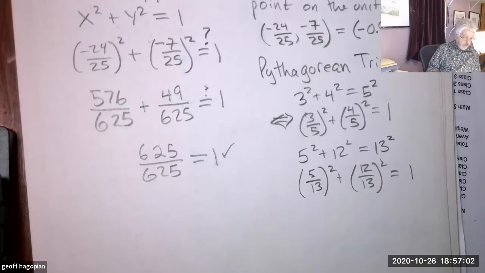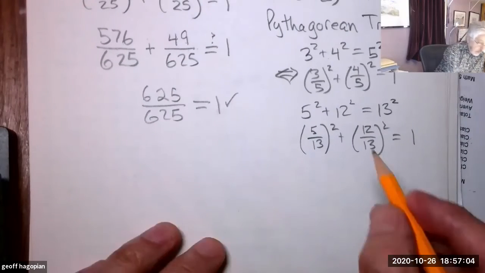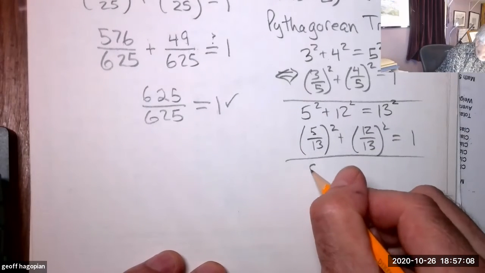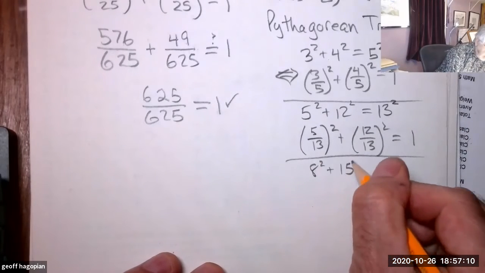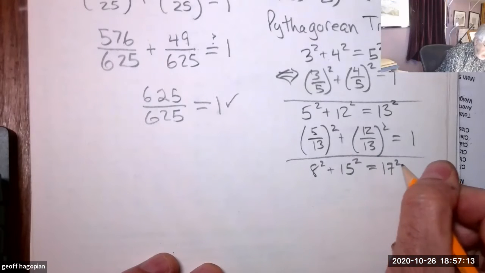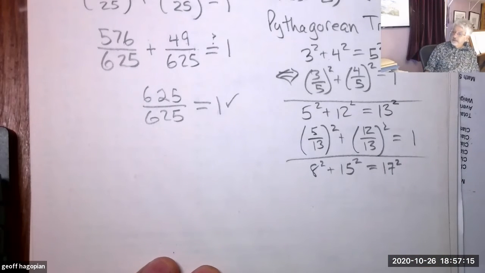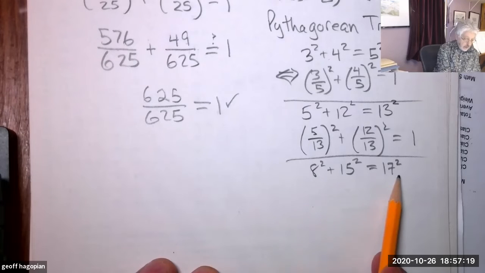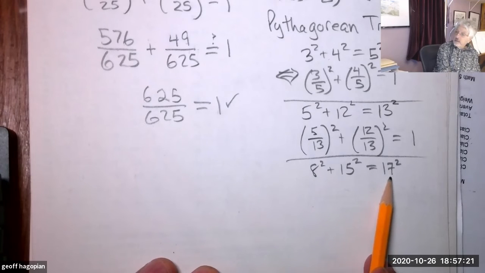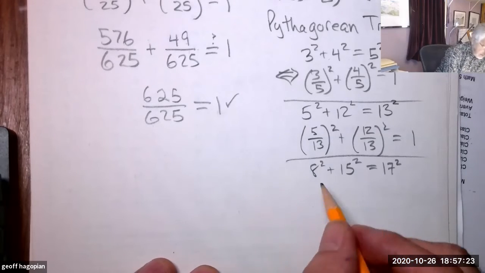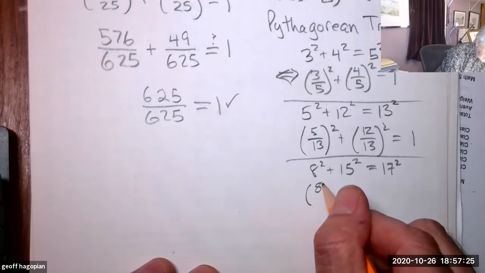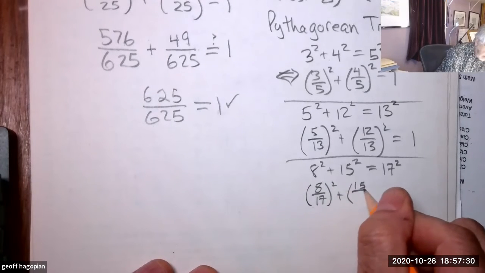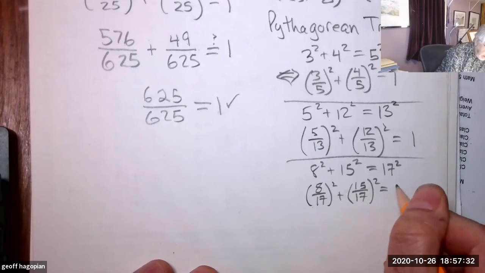And so there's 2. One other one: 8 squared plus 15 squared is 17 squared. That's a good one. Is that true? 64 plus 225 is 289, and that's the square of 17. So that says that 8/17 squared plus 15/17 squared is equal to 1.